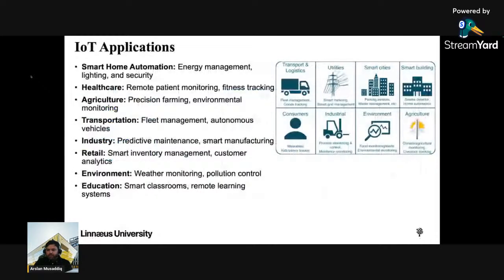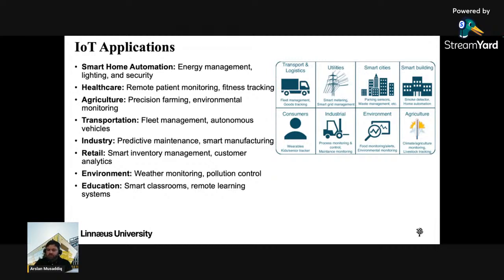And now, let's take a look at some of the key applications of IoT across various sectors. IoT is transforming industries by enabling smarter and more efficient systems that are automated and data driven. Here are some major IoT applications. There are many more, but I mentioned these here.